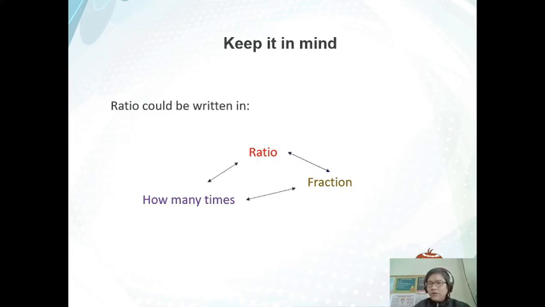Between these 3 forms, from the fraction we can convert to ratio, from ratio we can convert to fraction, and then from the fraction we can write how many times it is. The ratio is also the same. So always keep in mind that we can state a ratio in these 3 kinds of forms.